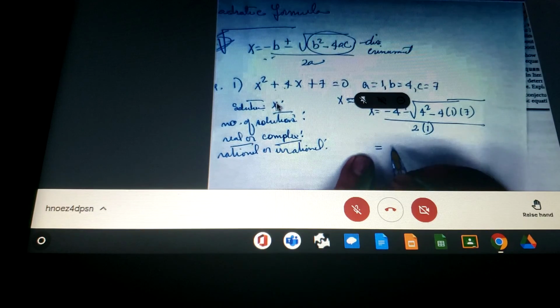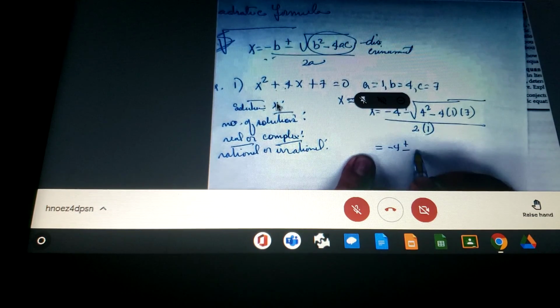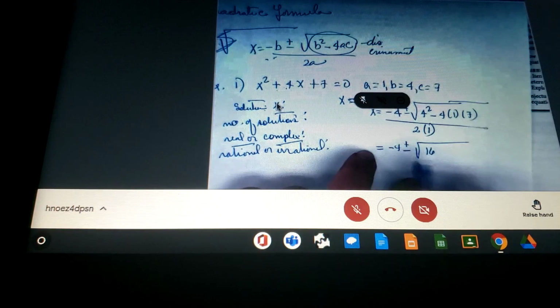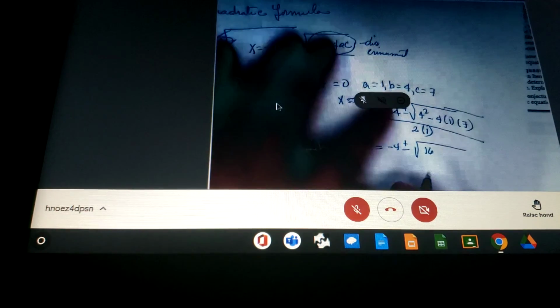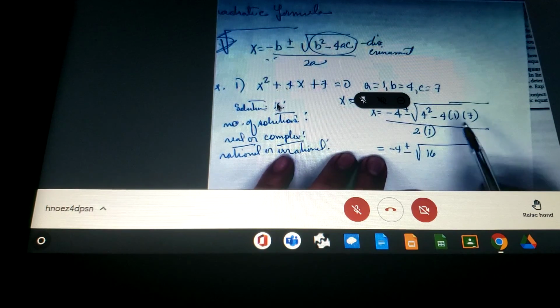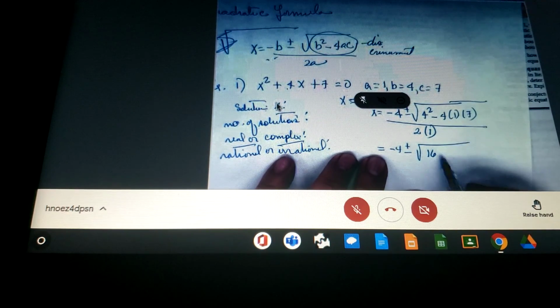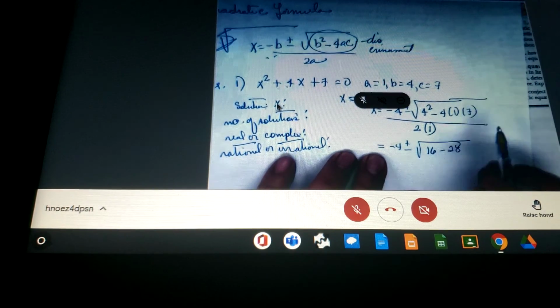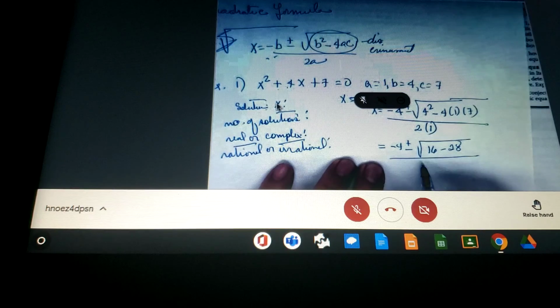So we have negative 4 plus or minus the square root of 16 minus 28, all over 2.